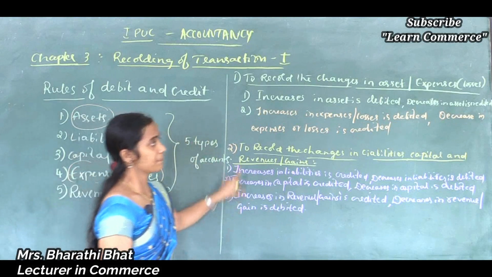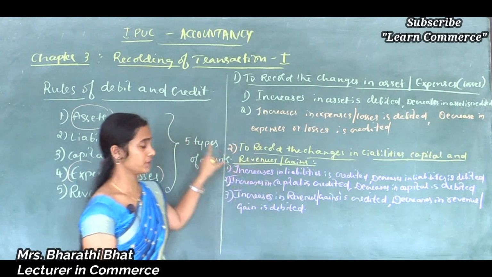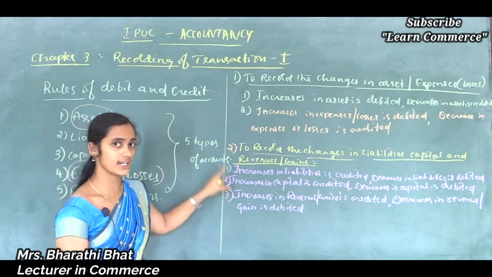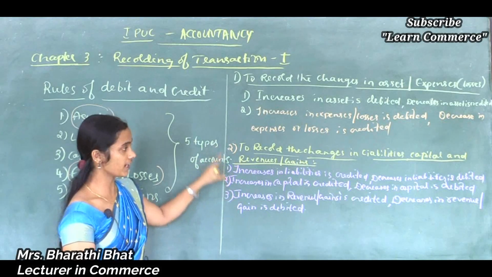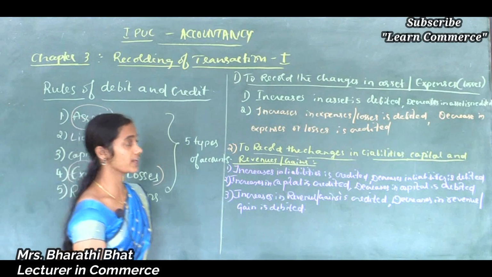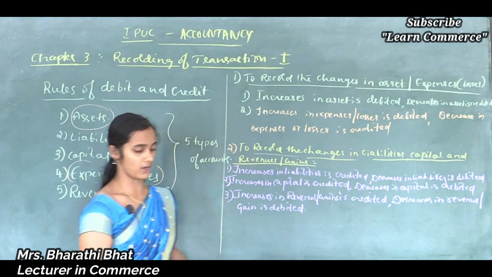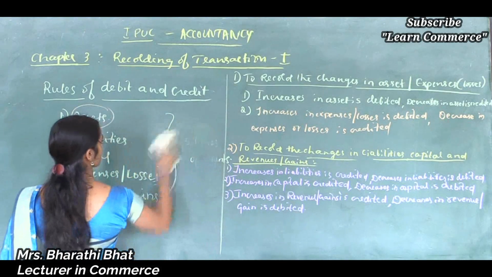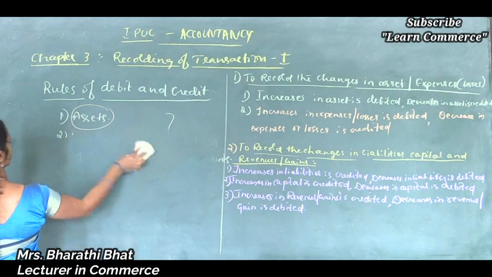So these are all the basic principles which we should know to pass the journal entries. Without having this knowledge, we cannot pass the journal entries. We cannot record the transaction in the books of accounts.